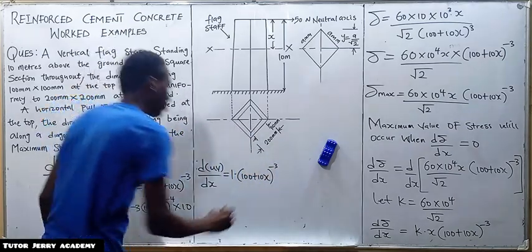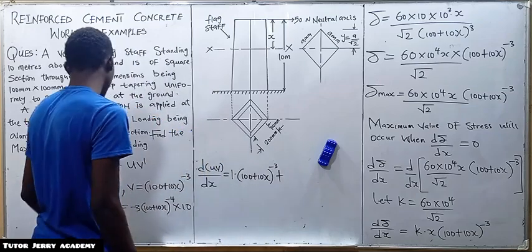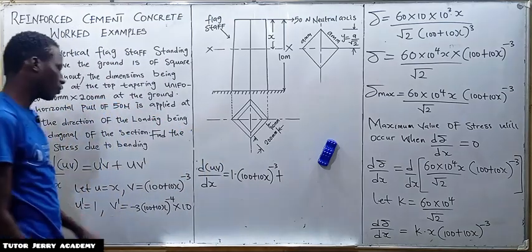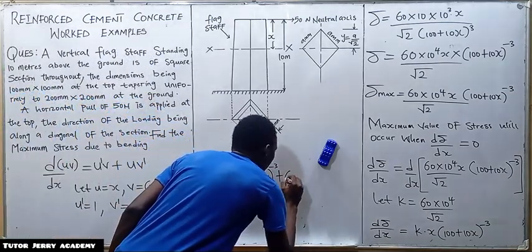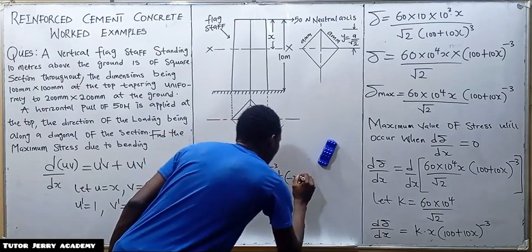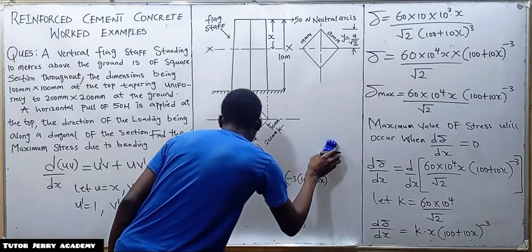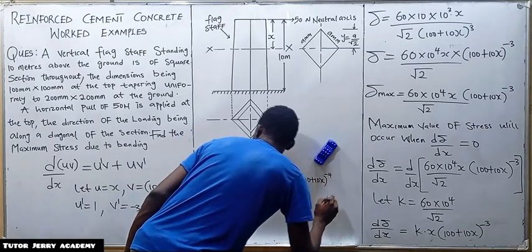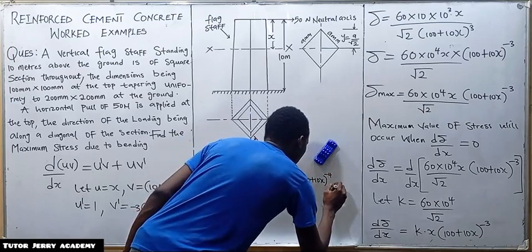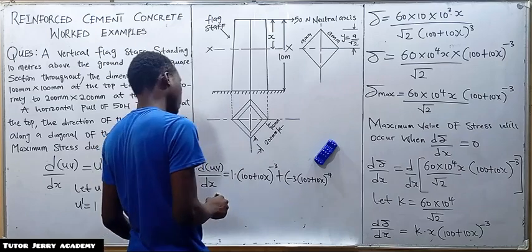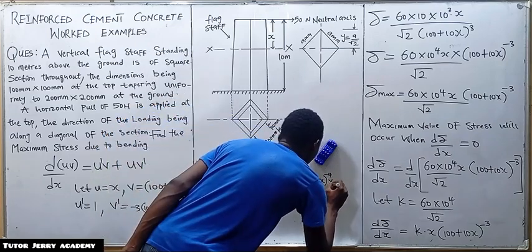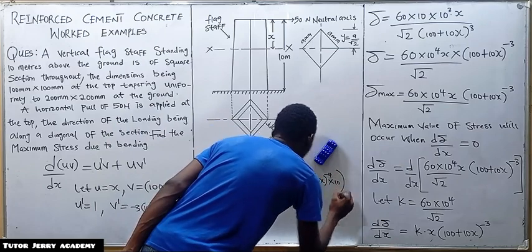Plus, what do we have? We have u, which is x. Then v prime is minus 3 into (100 plus 10x) to the power of minus 4, multiplied by 10. So we close the bracket.